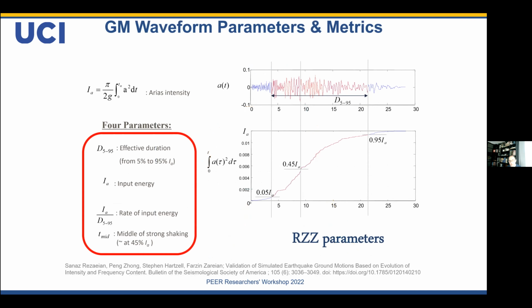With all of that, we looked back into the work that Armin and co-workers did, in this particular case, we used Sanaz Rezaian's input a lot. And we looked into how they simulate stochastic ground motions. They are using some basic parameters like duration, Arias intensity, T-mid, which I'm going to again explain, all of these parameters and more, to get to the simulations.